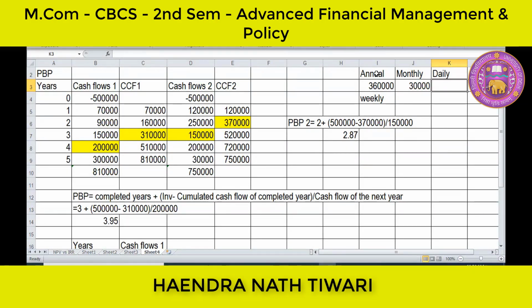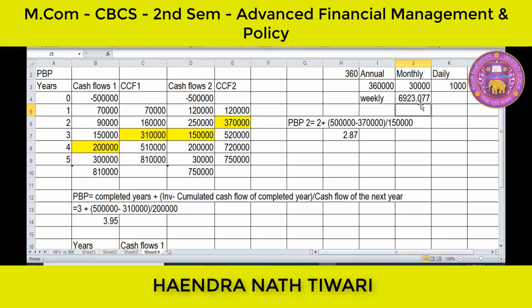Daily it will be 30,000 divided by 30, that is 1,000. I am assuming 360 days a year, just for computation purposes, nothing else. So for weekly, it should be the annual amount divided by 52, because in a year there are 52 weeks. So 6,923 rupees is the cash flow happening every week.